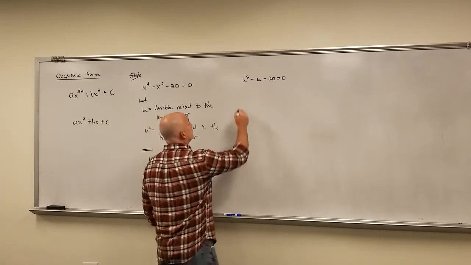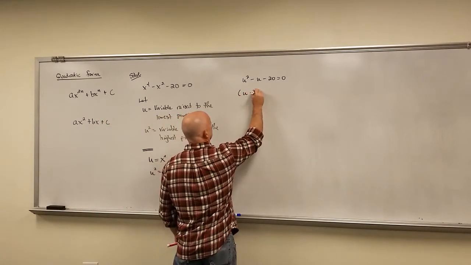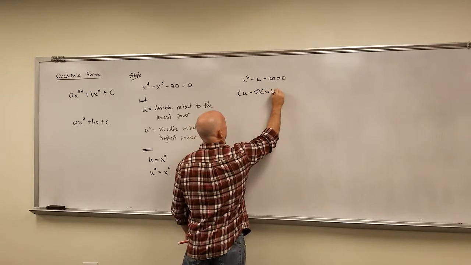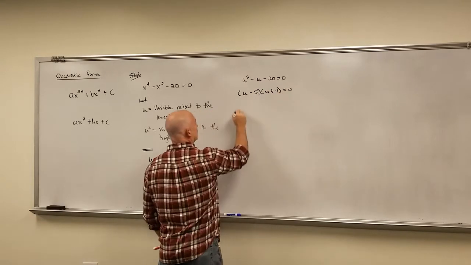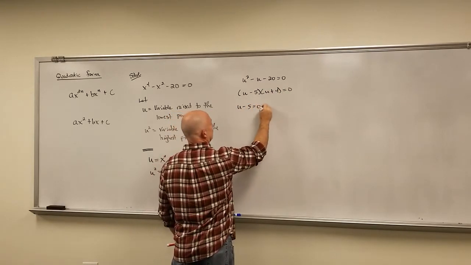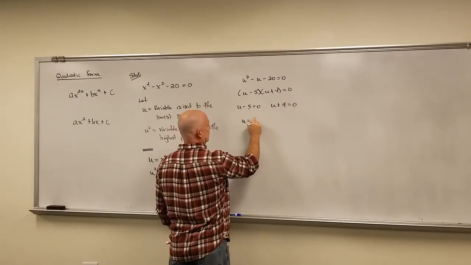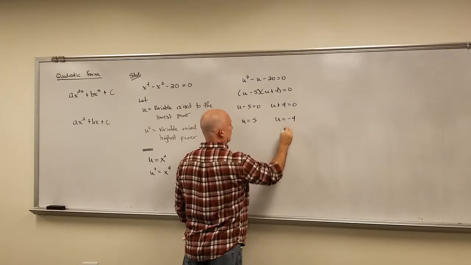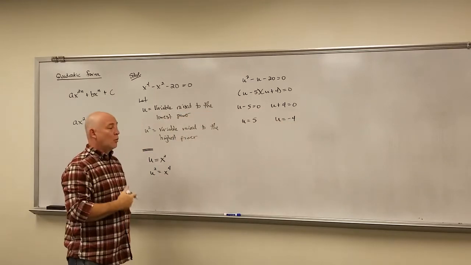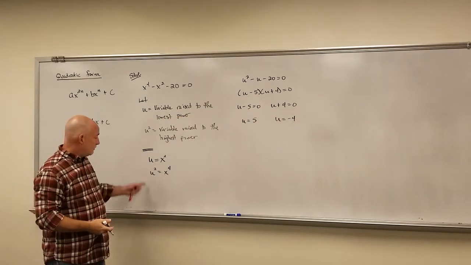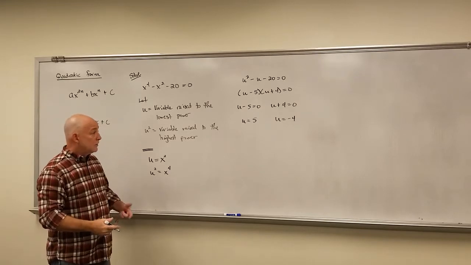In this case, this one will factor. This will factor to what? u minus 5, u plus 4 is equal to 0. Set each factor equal to 0 and solve. So we get u is equal to 5, u is equal to negative 4. Now, once you have finished solving for u, remember, u is not what we started with.